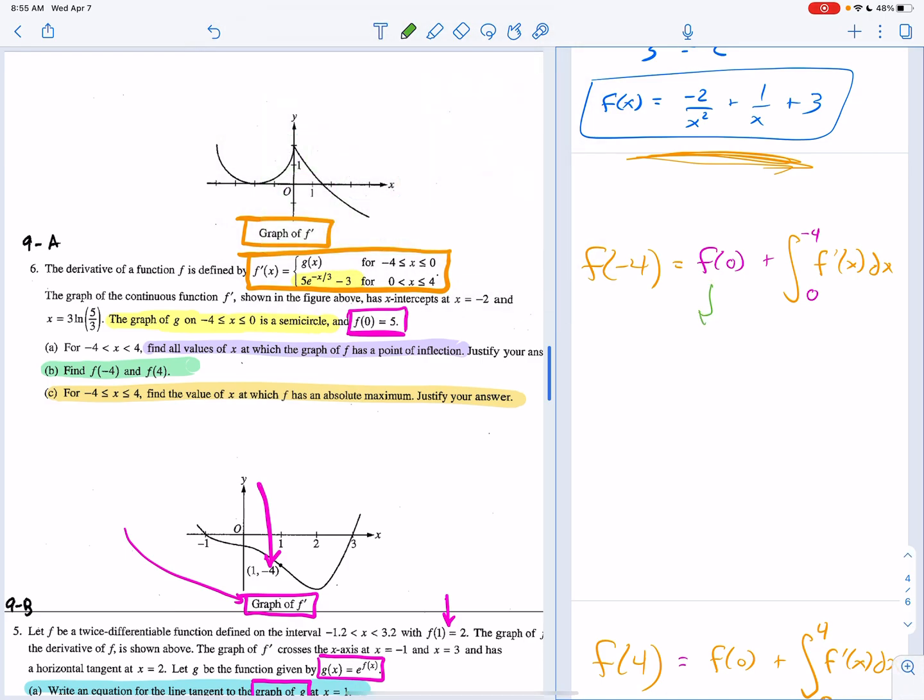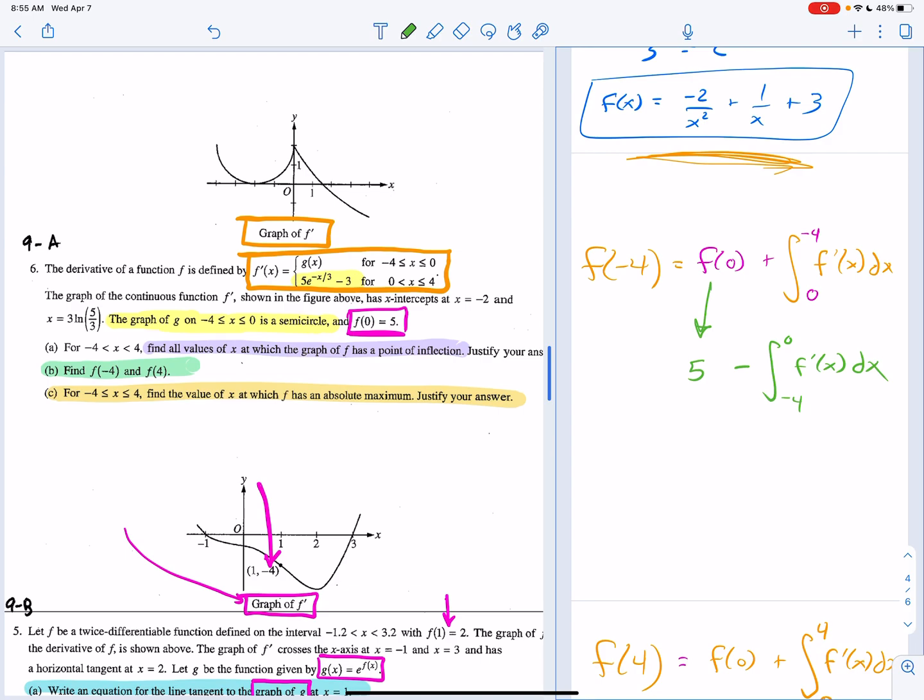Here we go. I noticed right away, let's take care of the easy parts. I know that f of 0 is definitely 5 because that's what's given. I noticed that the bounds here are a little bit backwards, so I'll go ahead and instinctively switch it, but account for a negative.